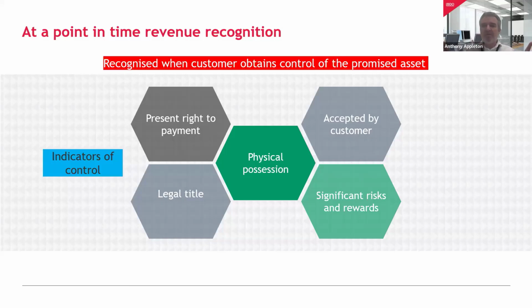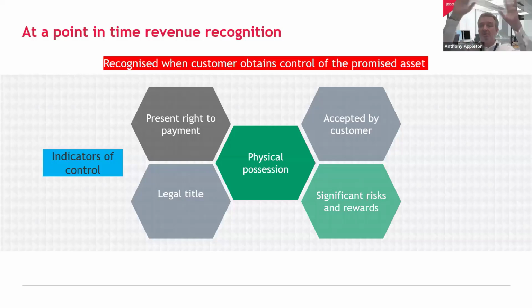So that's the five-step model for revenue recognition. Decide what your contract is. That might involve combining two separate legal documents because we've met the criteria for thinking of this as one contract. You've then got your bundle of performance obligations, which you need to break down into those which are distinct and separable.